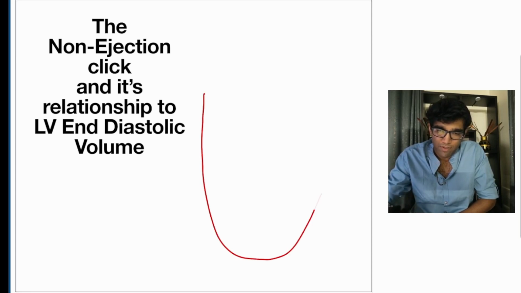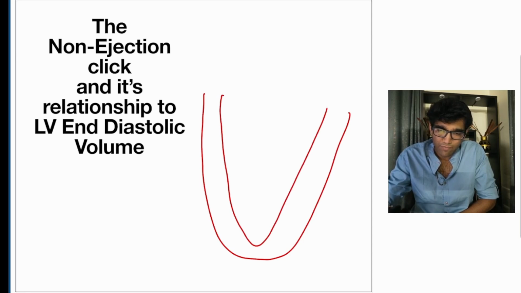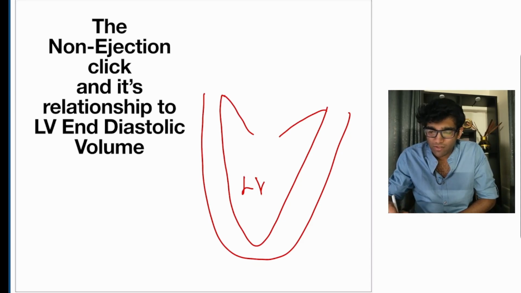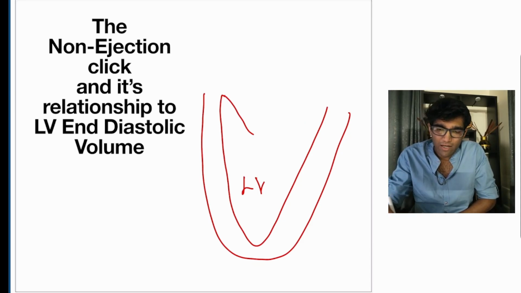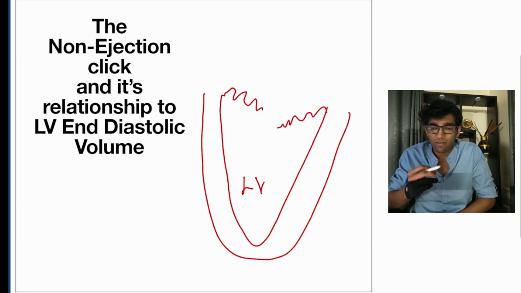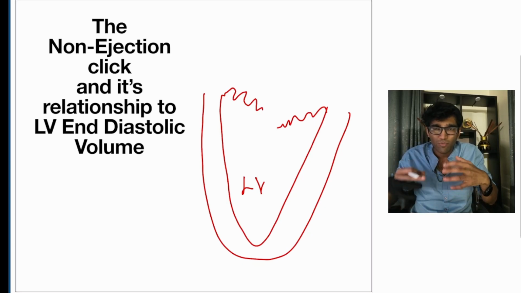mitral valve prolapse, so this is your left ventricle. Okay, the normal mitral leaflets are of this nature. Their leaflets are patulous, so they have a lot of myxomatous degeneration of the soft tissue within the body of the leaflet. So as a result, the leaflet is almost folded up, looks like a curtain.